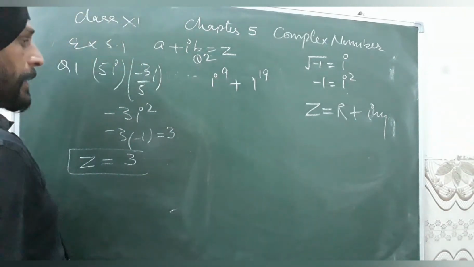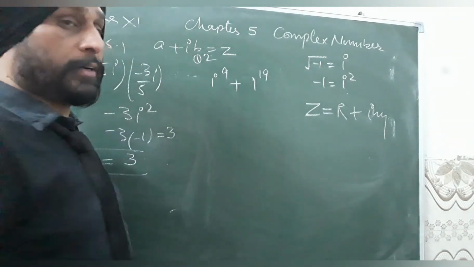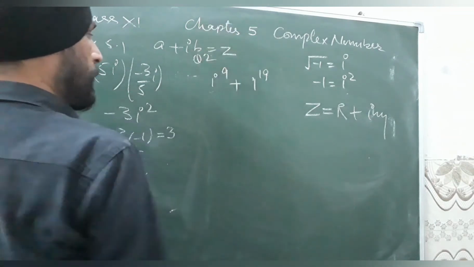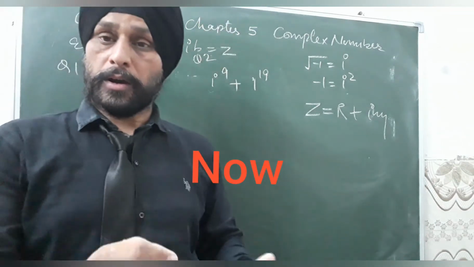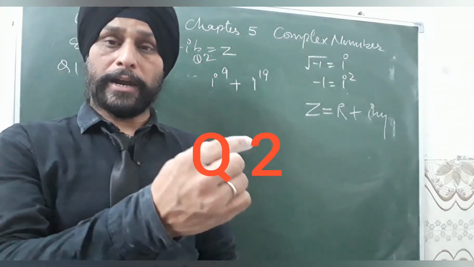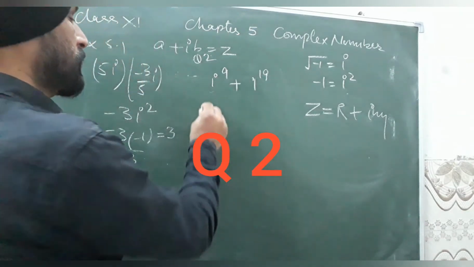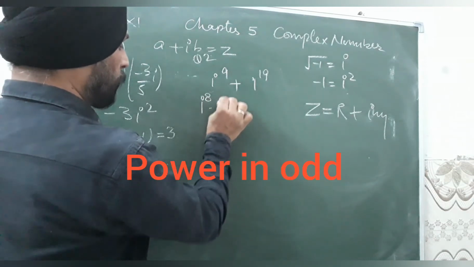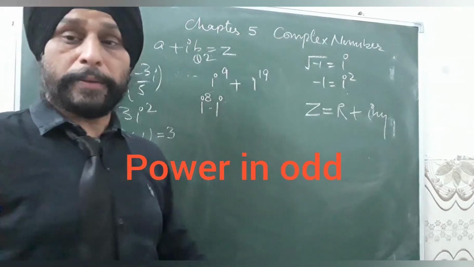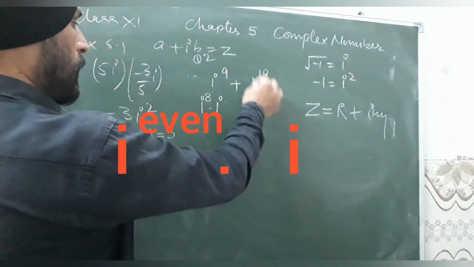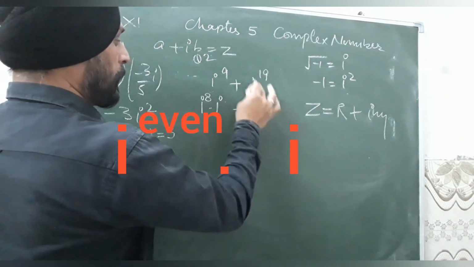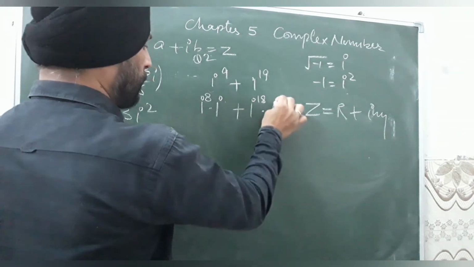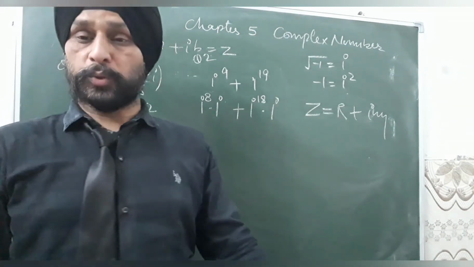Now student, i raised to power 9 plus i raised to power 19. Firstly student, whenever the power of i is odd, firstly you have to take the preceding number, that is the even number. i raised to power 8 into i. Now I raised to power 18 into i, as I have already discussed with you.